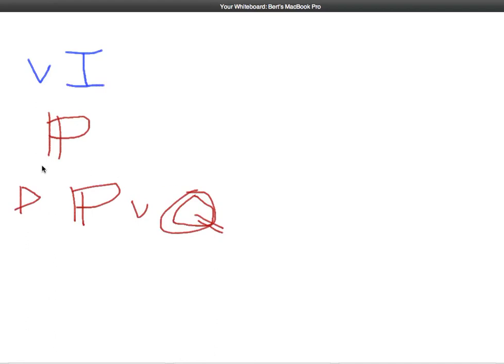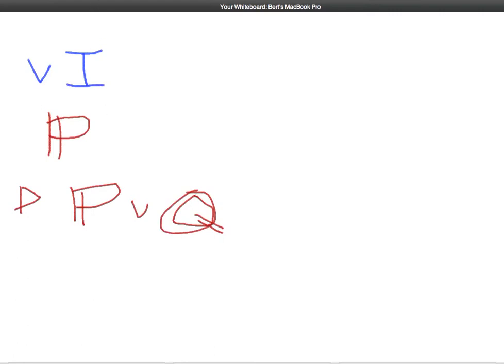And if P is true at some point later on, then adding an extra disjunct won't make us worry about going from truths to a falsehood, because we already derived P. Okay, so that's disjunction introduction.